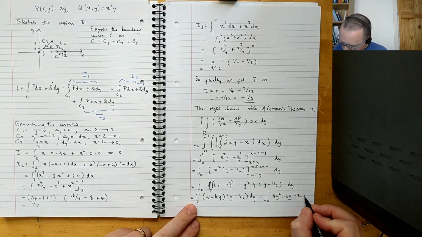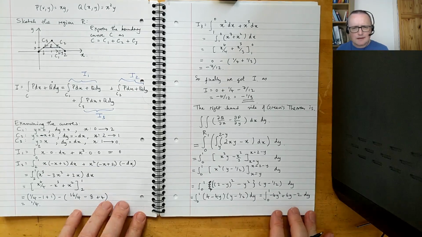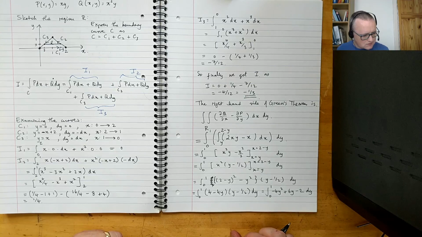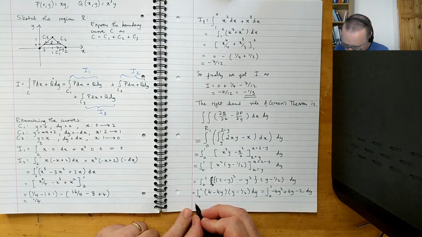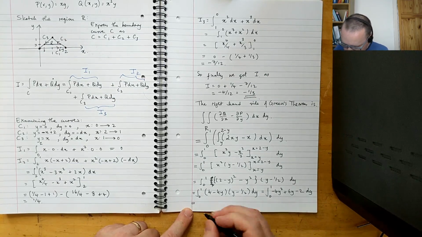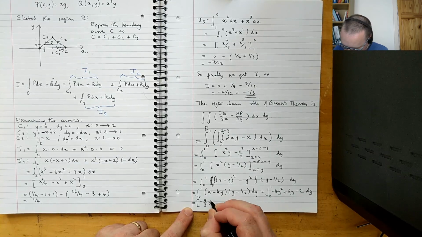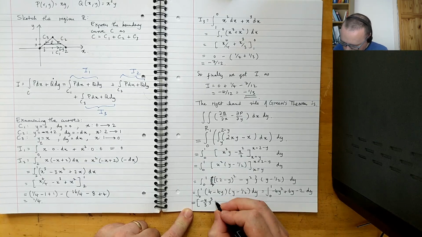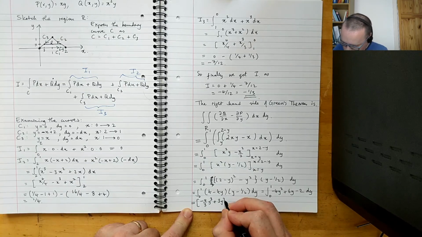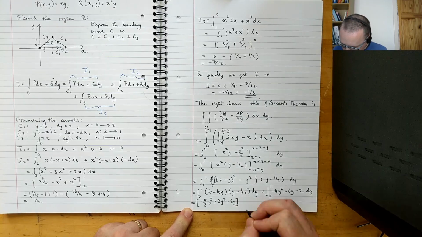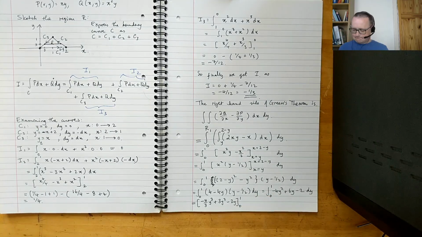Okay, and this is all integrated with respect to y. So I might just about fit it into the bottom of the page here. So this integrates to, integrating this, we've got minus 4 over 3 y cubed plus 3y squared minus 2y, evaluated at 0 and 1.